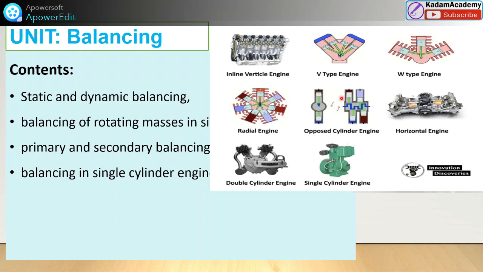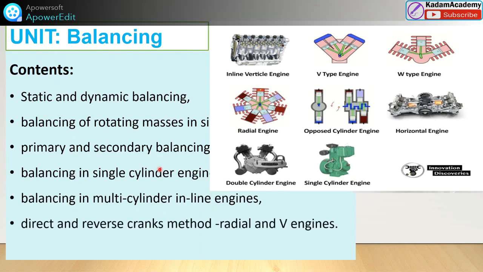You can visualize it in inline vertical engines, V-type engines, W-type engines, radial engines, opposite cylinder engines, and horizontal engines, and these are single cylinder engines and double cylinder engines. We have to study the balancing of these under this unit.